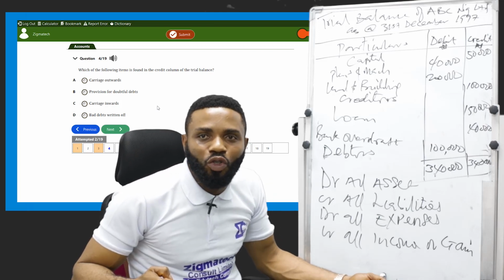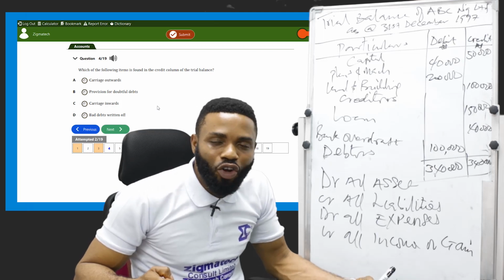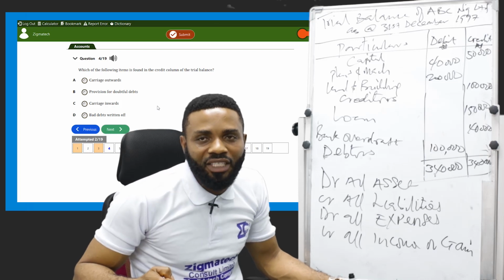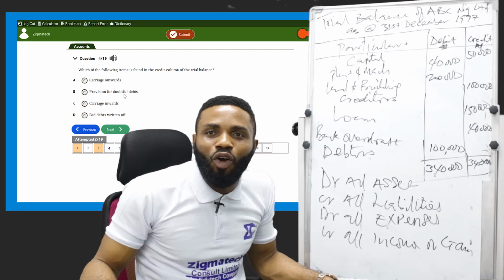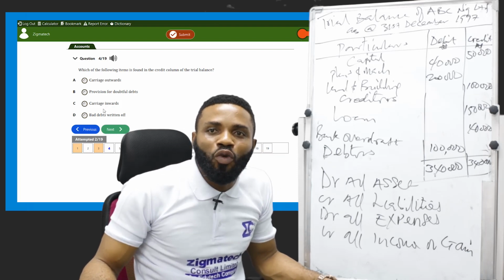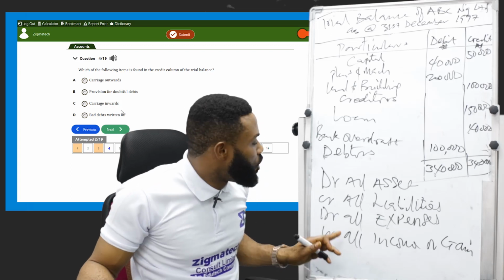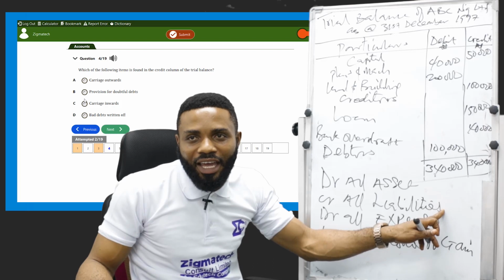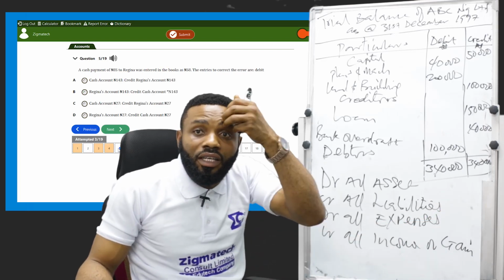Carriage inwards is what you spend on your item from the destination of your supplier to the destination of your business. And then bad debt written off is an expense. So the first one is an expense, the second one is a liability, the third one is an expense, and the fourth one is an expense. So we have said you should credit all liabilities. So the answer here is B.